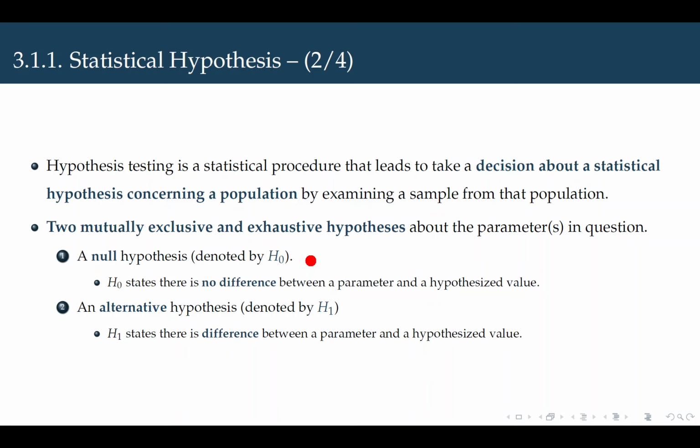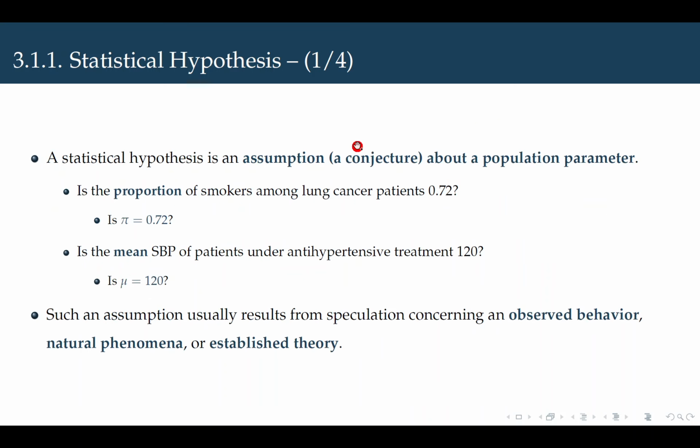In addition, these two hypotheses are exhaustive. That means all possibilities are included in either the null hypothesis or the alternative hypothesis. Therefore, these two hypotheses are said to be exhaustive because they can accommodate every possible hypothesis in either of these two alternatives. So, based on this definition, when you say null hypothesis, we are going to test something like pi equals 0.72.